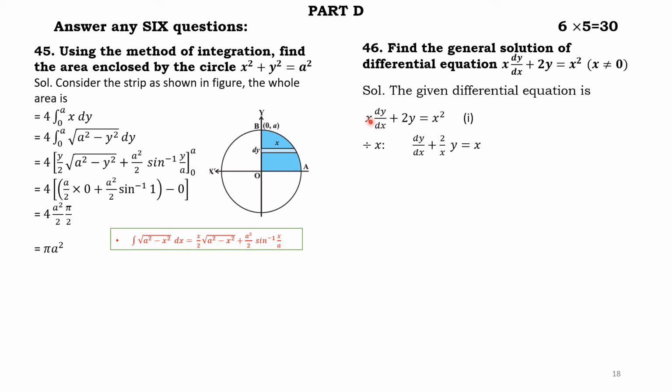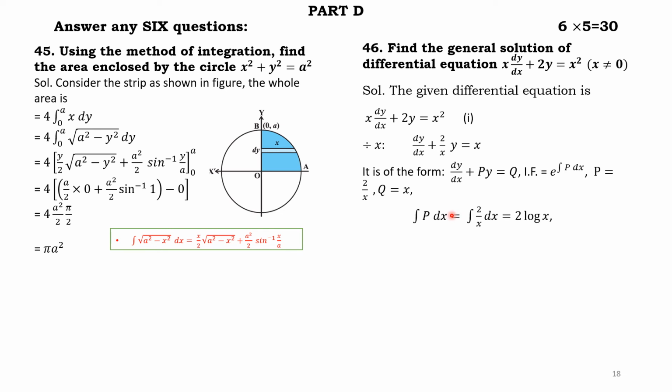If we divide by x, we will get dy by dx plus 2 by x into y is equal to x, since x square by x is x. Therefore, it is of the form dy by dx plus py equals q, and the integrating factor is given by e to the power of integral p dx, where p is 2 by x and q is x.